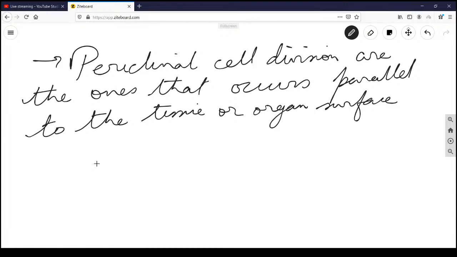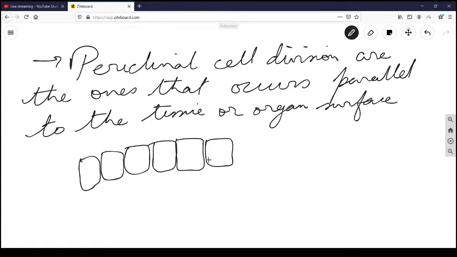Meaning that if these are the two layers, this is the cell like this. So parallel means the cell division will occur like this. This will be the way the cell divisions occur if this is parallel to the tissue surface. This is known as periclinal cell division.